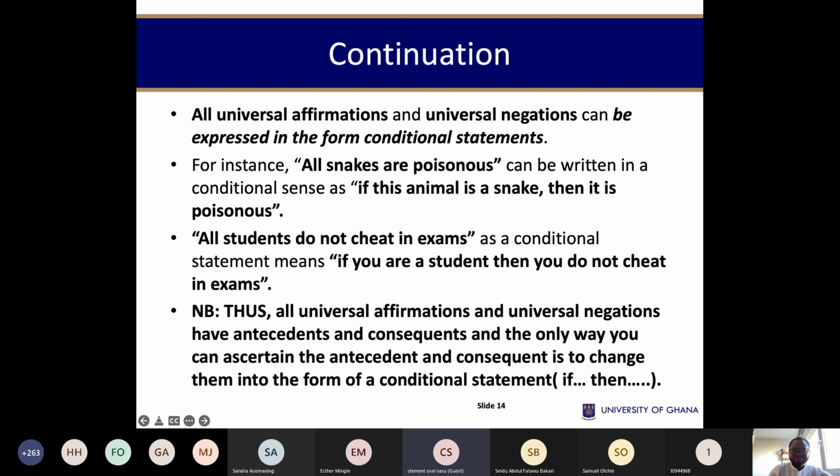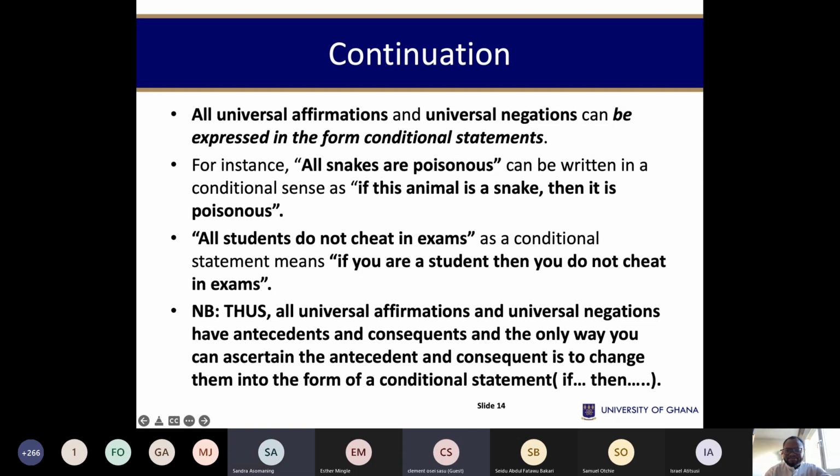My first example is that if it rains, the plant will grow. So if we insert if and then, if it rains, then the plant will grow. That is a good example.